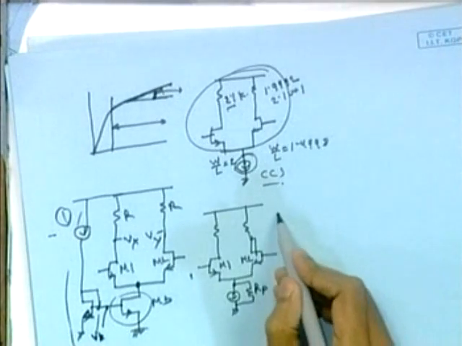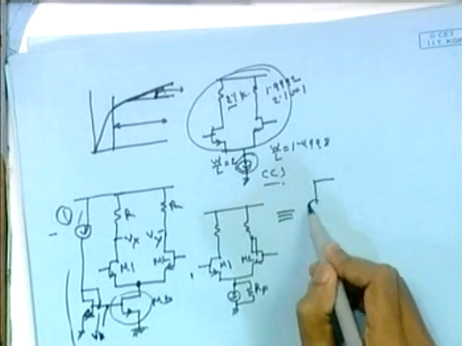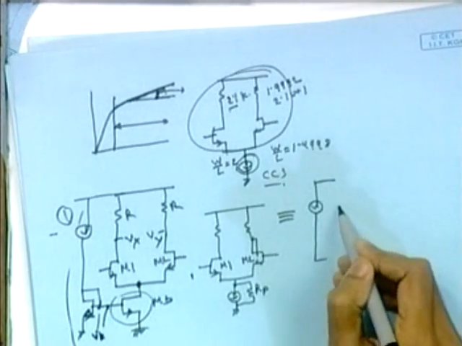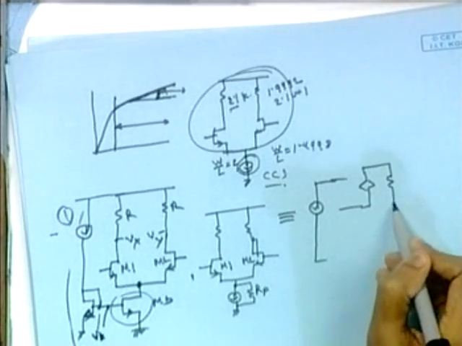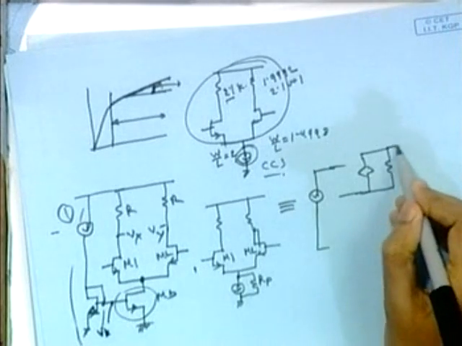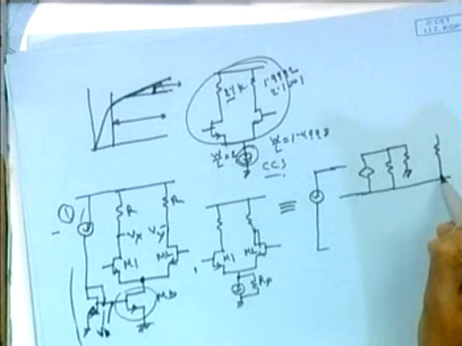And the equivalent circuit for this thing will be looking like this. This is our GM, transistor output resistance. This is for M1, this is for M2.